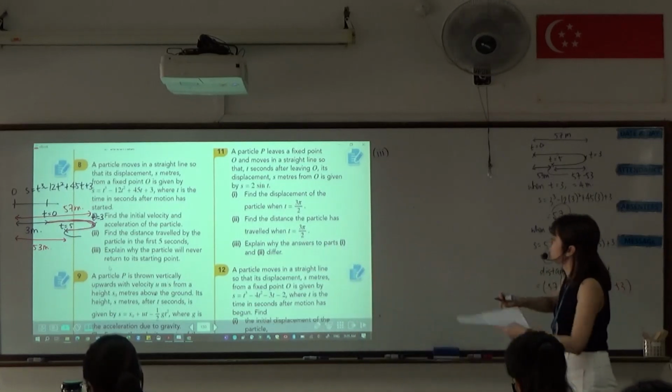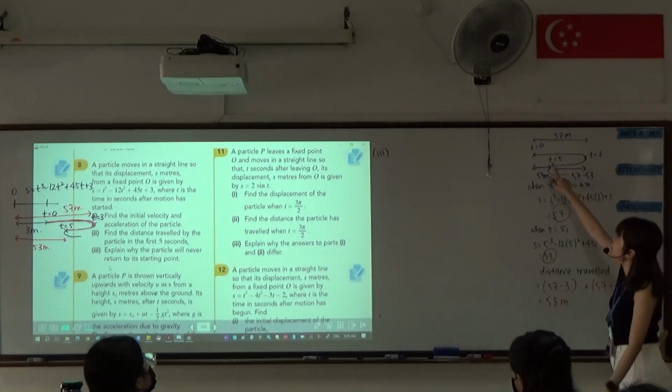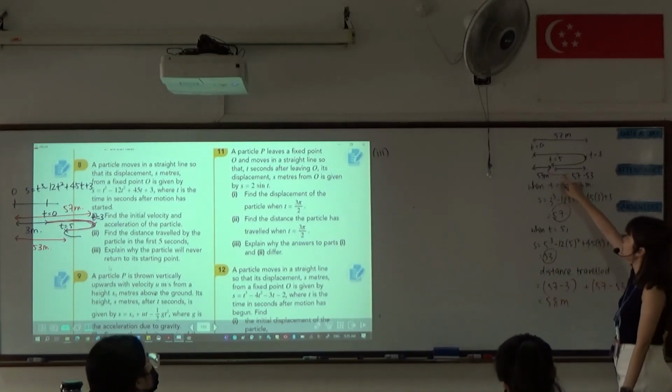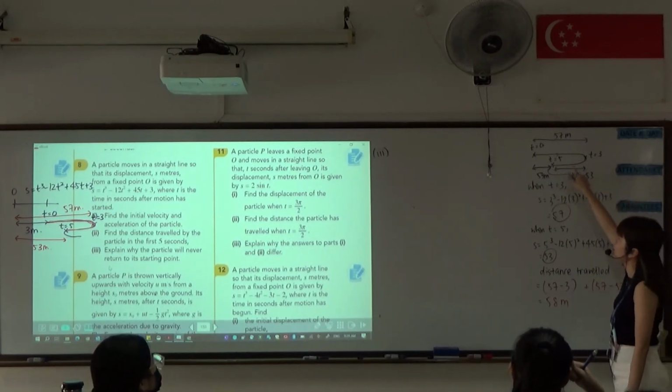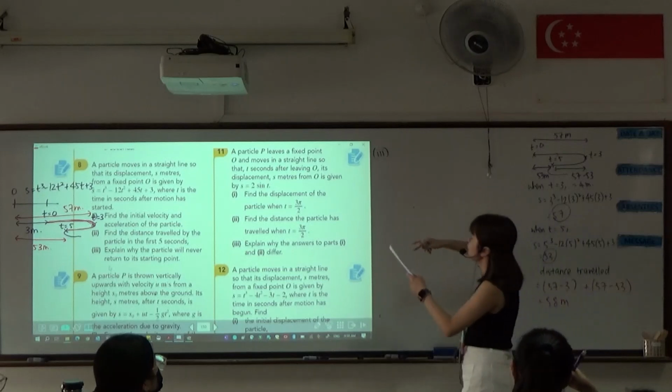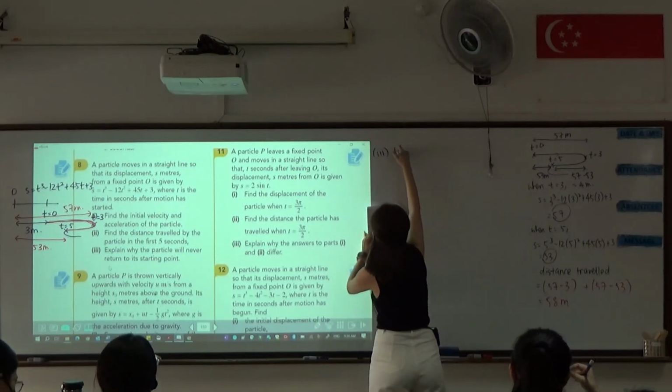One, you can actually address that when T is equals to 5, it is where a turning will happen, and the particle will actually go in opposite direction and will never return to T equals to 0. So you can give a qualitative explanation.